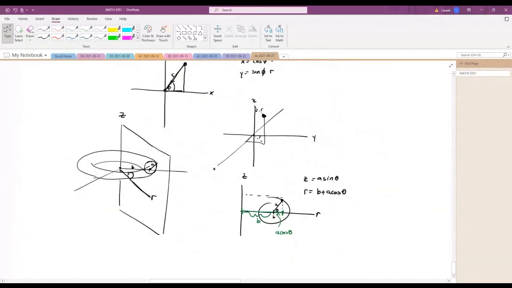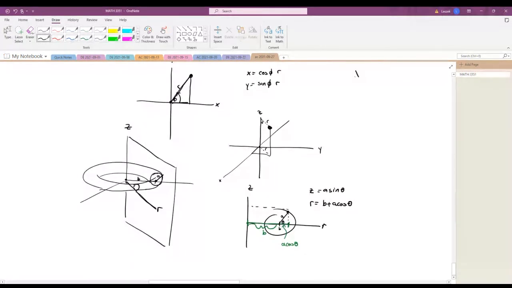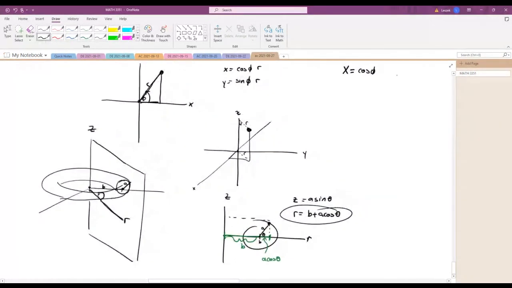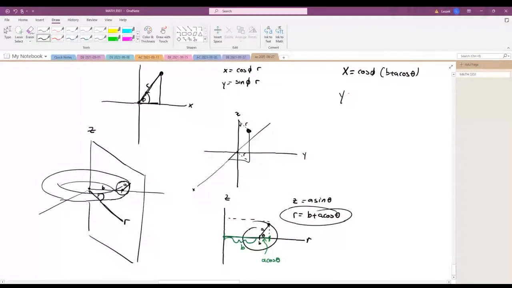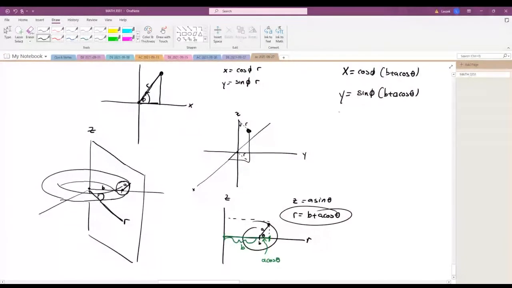Okay. So now we put it together. We have x for our torus, this cosine phi times r. And y is sine phi times r. And z we already know is a sine theta.